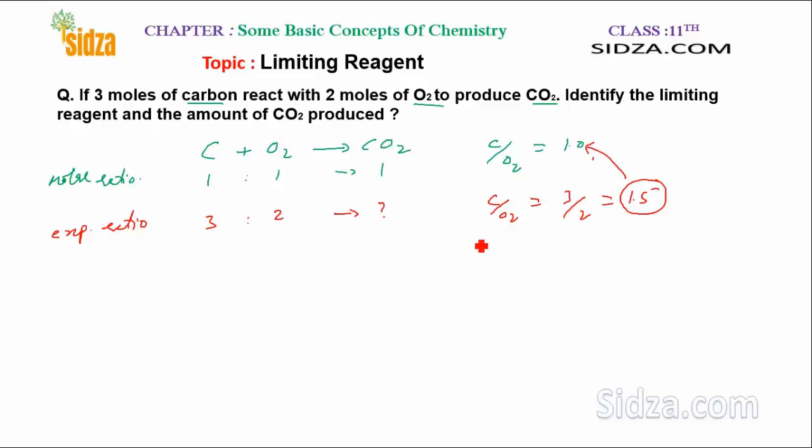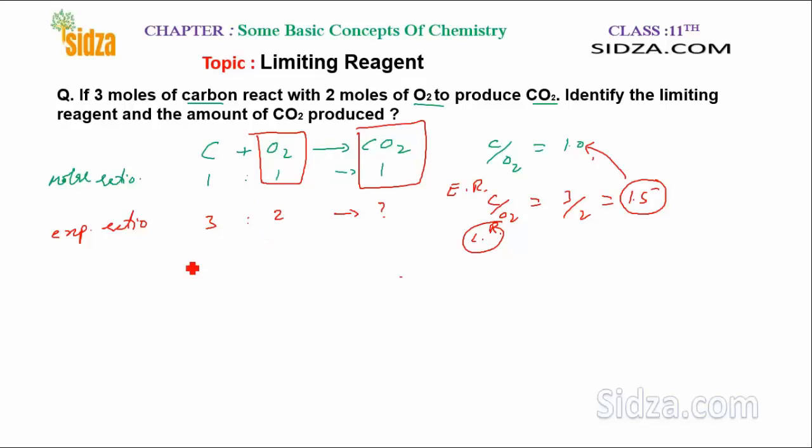That means oxygen is the limiting reagent, and carbon is the excess reagent here. So the limiting reagent is oxygen, and I'll relate the limiting reagent with the product from the balanced equation.